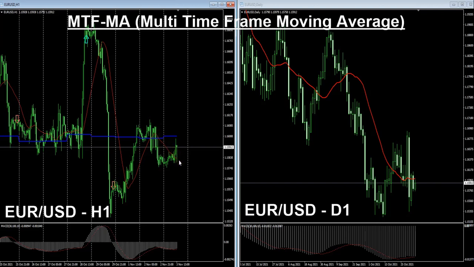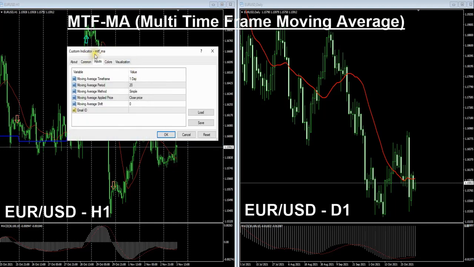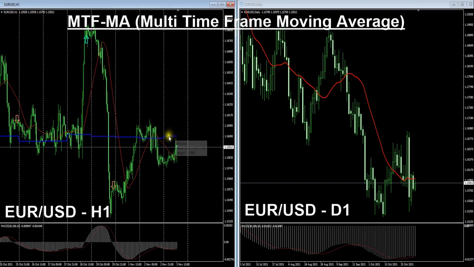So the blue line here is a little indicator that I use, which is a MTF, or multi-time frame moving average. It takes the daily moving average, the daily 20 simple moving average set to close, but plots it on the 1 hour chart. And you'll see that it looks completely different.